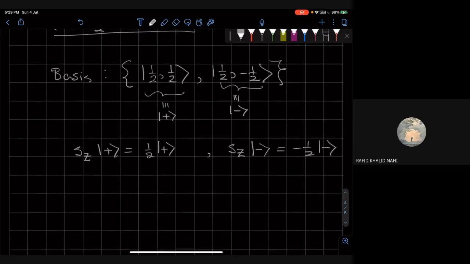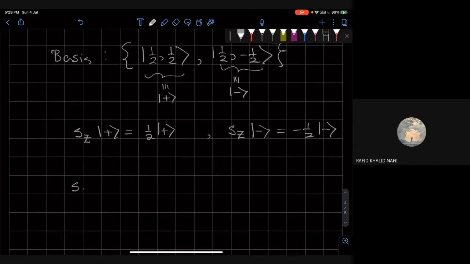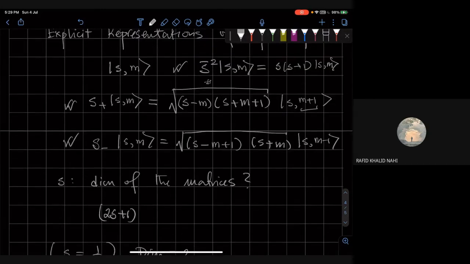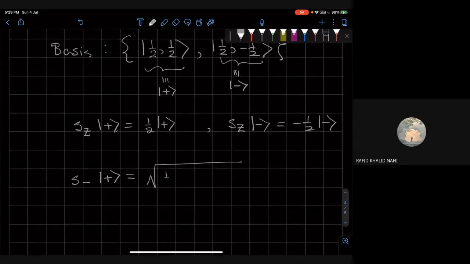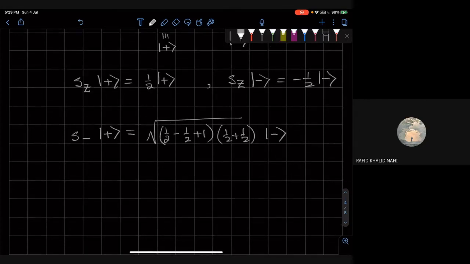If I apply S minus to plus, S minus will give me the square root of (S minus M plus 1), with S equal to half, minus half, plus 1, times (S plus M), which is half plus half.